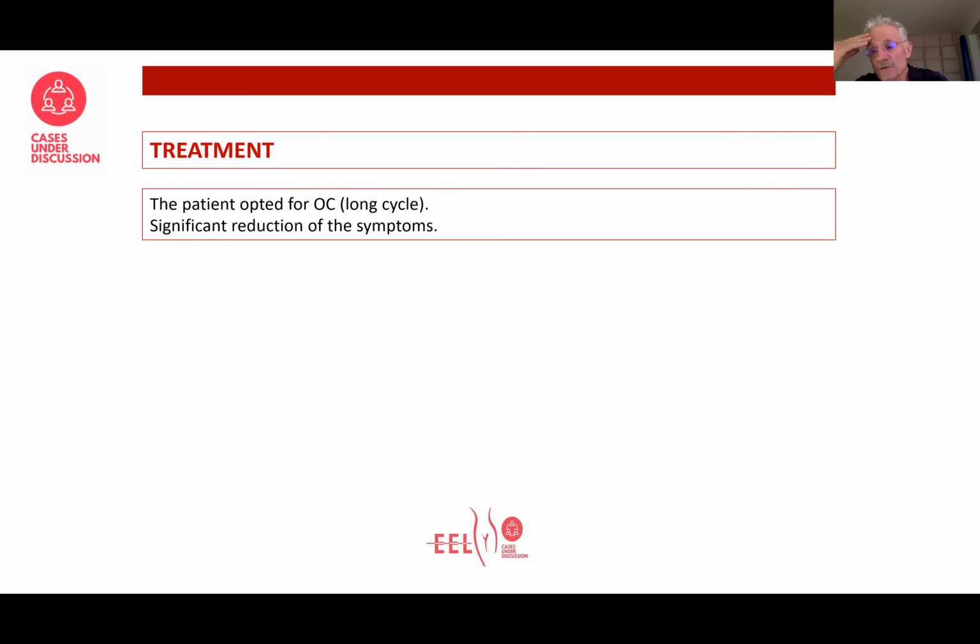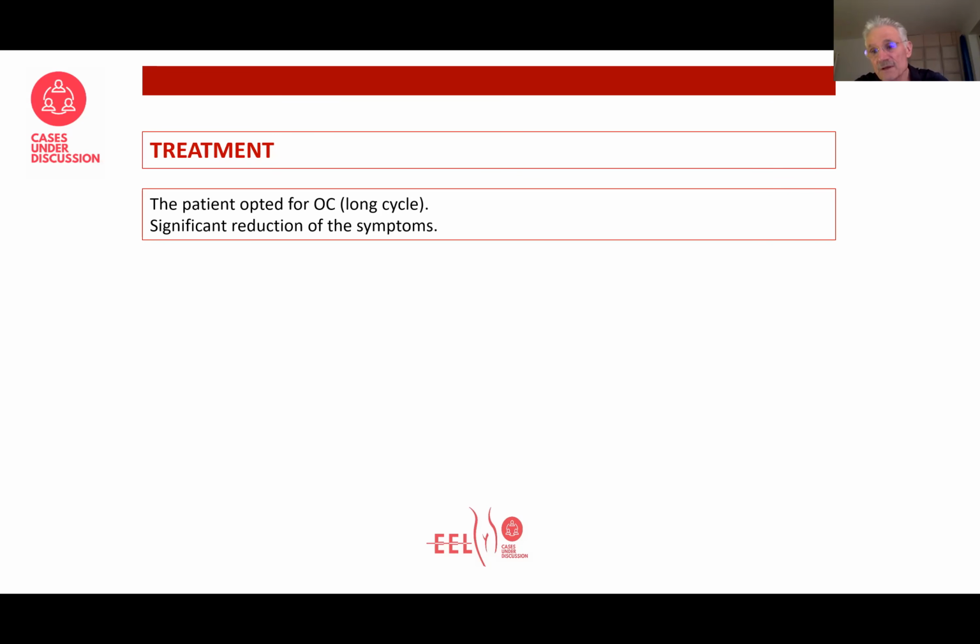When you follow the patient and you have the impression that the pain is getting worse and worse, then I give the indication for laparoscopy. But before I do that, I want to know more about it. Is there any hormonal correlation?